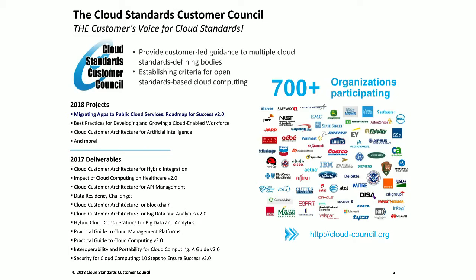On this slide, you can see that last year, 2017, we published quite a few papers and reference architectures. This year, our first deliverable in February is V2 of Migrating Apps. We're also working on a cloud workforce paper right now that we're expecting to deliver in May.